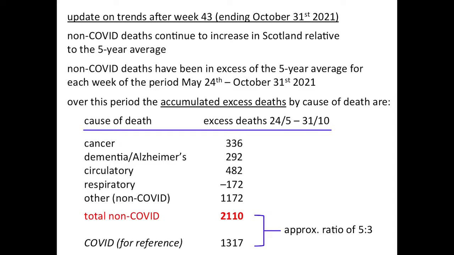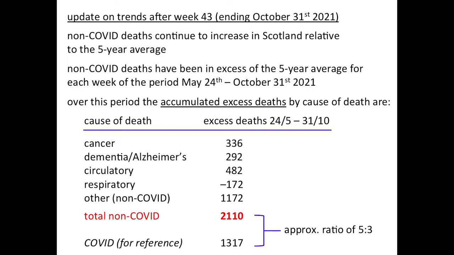Now, what we can do is actually pull out some numbers from the data that I've shown you so far. I will be looking a bit more in detail at numbers in update videos 2 and 3, but let me just give you a little bit of analysis to end this first update video.